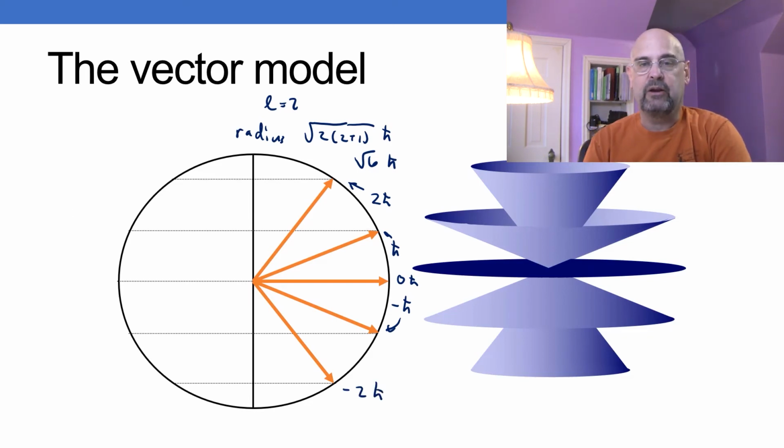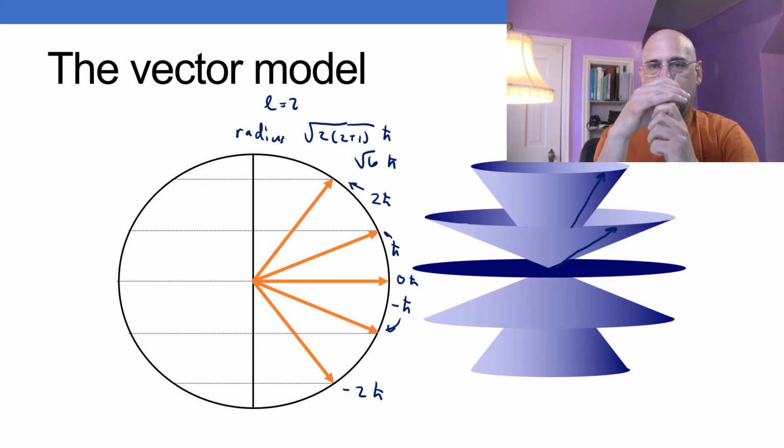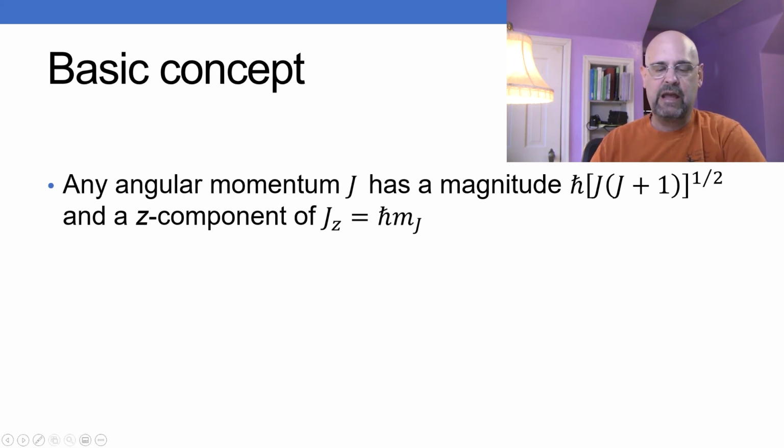I have another diagram to the right which shows, sort of trying to show you that yes, these angular momentum vectors are somewhere in a cone. They can be anywhere along, just so long as they're a set distance away from the z axis. Okay. Basic concept. You should keep in mind, this is going to apply for any angular momentum, j, any generic angular momentum.